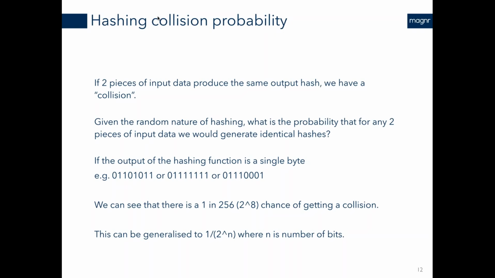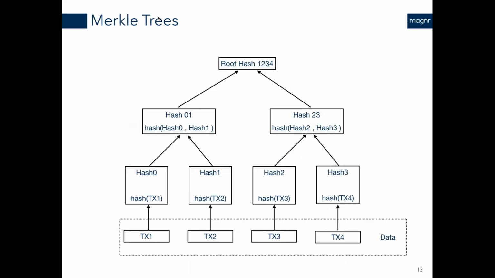Just to make you understand how large that is, if you did 1 over 2 to the power of 32, you're already in the billions. So 2 to the power of 256 is an extraordinarily large number. In fact, there are probably fewer grains of sand on the Earth. So hashing collision is quite an important concept to understand as we go along.